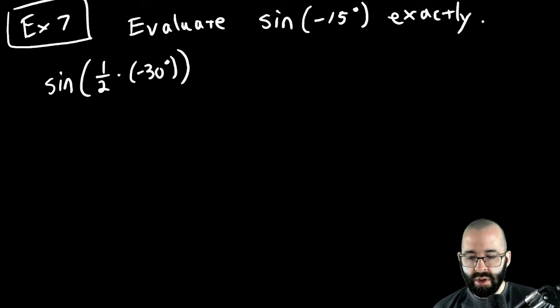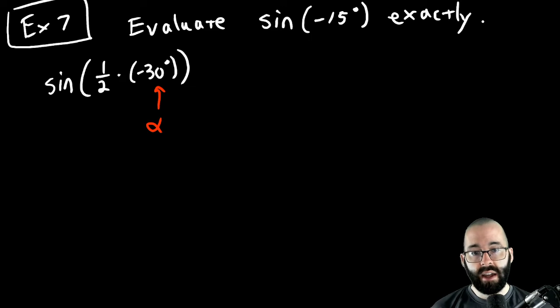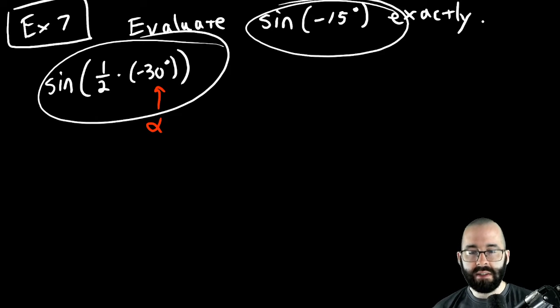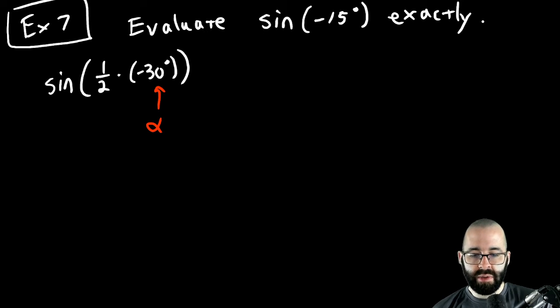So our alpha, if you will, is negative 30 degrees. This is, again, the same strategy as we did in 9.2. We're rewriting these things in terms of something that we know things about. In this case, negative 30 degrees. In 9.2, what we did is we'd say this is negative 45 degrees plus 30 degrees, and that's how we'd start that one.